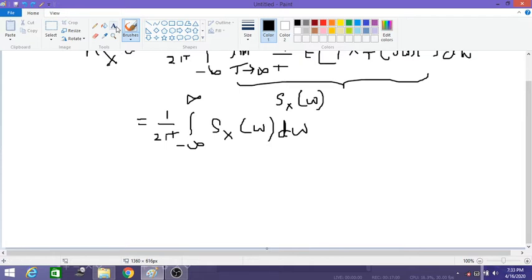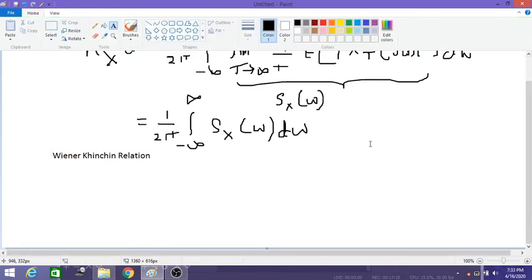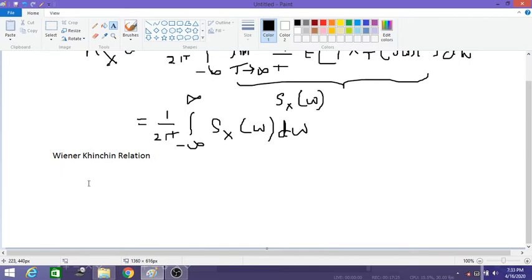So by applying the Wiener-Khinchin relation, I can relate this to the Fourier transform by just multiplying the integral terms with the exponential term.